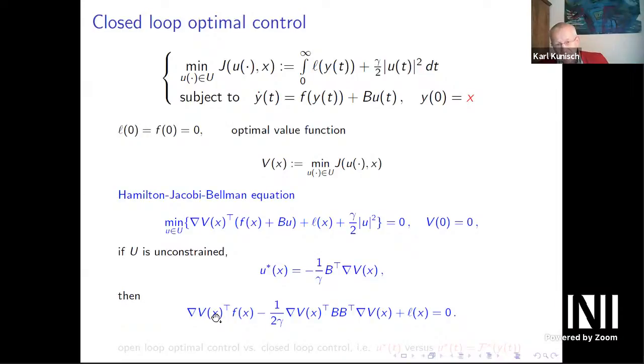It has dimension given by the dimension of the state of the dynamical system. So if this is an ODE in dimension n, this is a hyperbolic equation in dimension n. If it's really just a symbol for a PDE, then we have an operator valued hyperbolic equation.